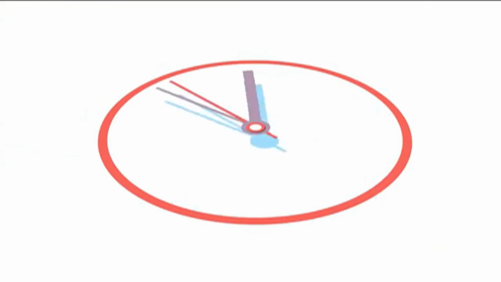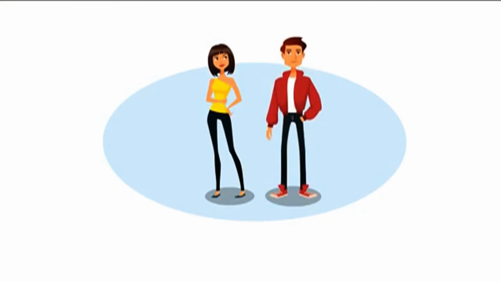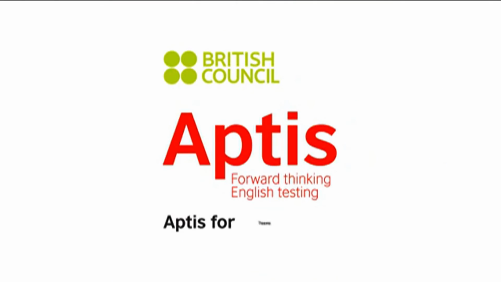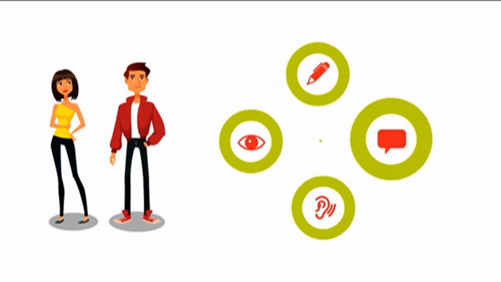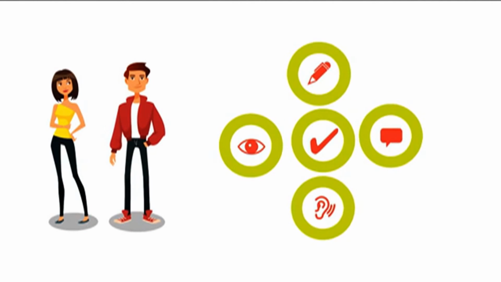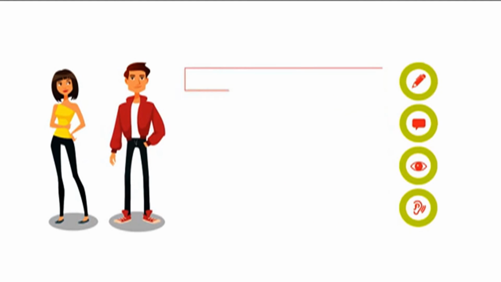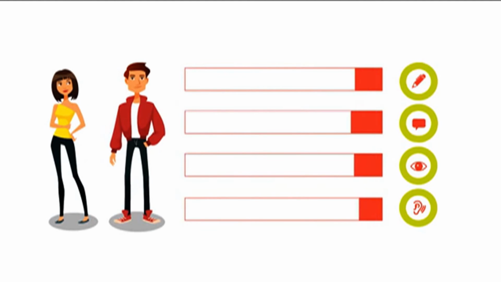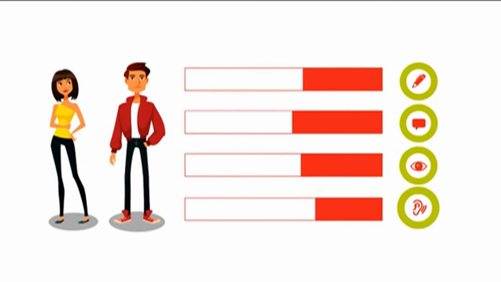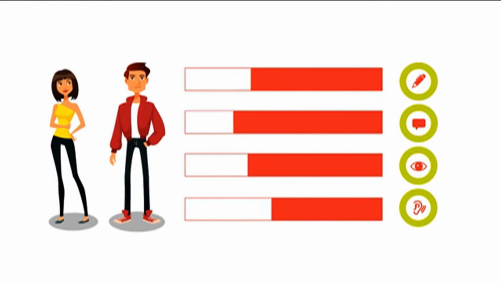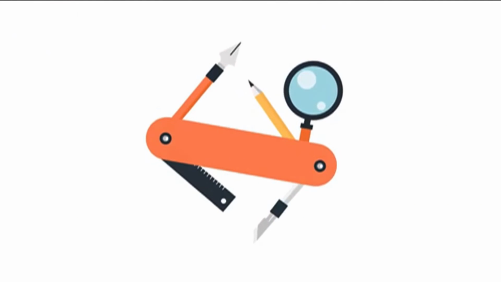The time has come for 21st century teens to get a 21st century English exam, Aptis for Teens. A new and engaging approach to testing the English skills of teenagers from the British Council. Assess and monitor your students' progress in speaking, reading, listening and writing, as well as grammar and vocabulary, with topics relevant to their interests and skills that they need in real life.